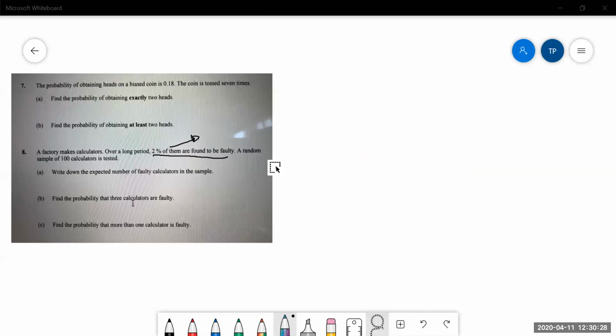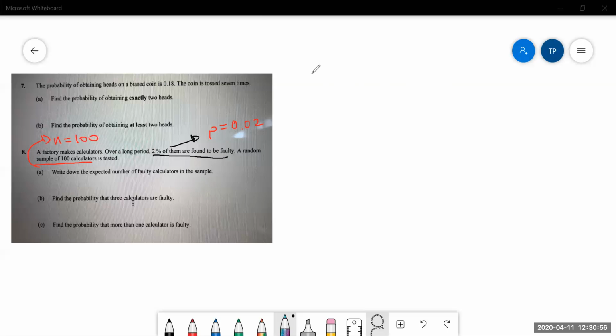So in this case, what is the probability of success? It's the probability of the calculator being faulty, yes. So the P, which is probability of success, will be 0.02. Understand? Then over here, they say sample of 100 calculators, so you will write N equals 100.